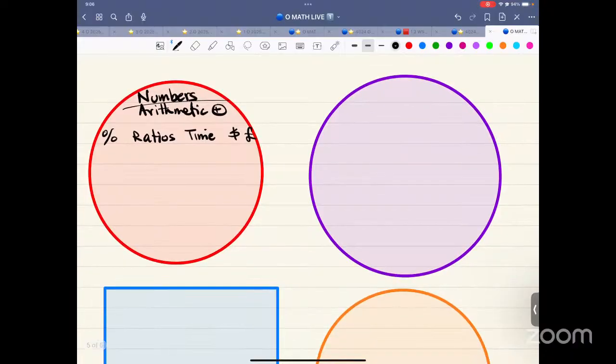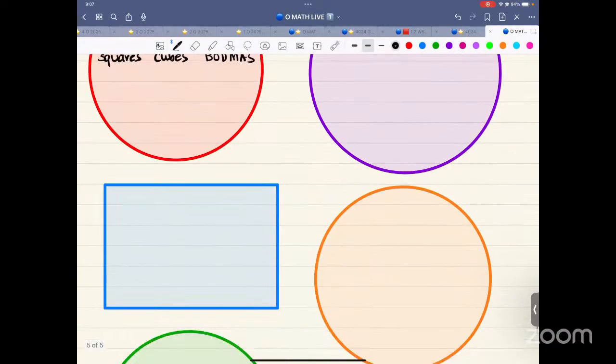We talk about squares and square roots, cubes and cube roots, and basic mathematical operations: brackets, division, multiplication, addition, subtraction, and some other small things that all fall into this category, that is numbers.